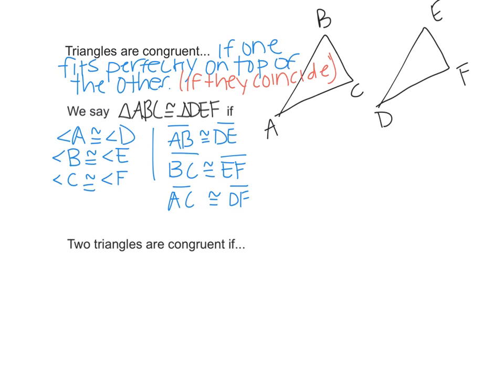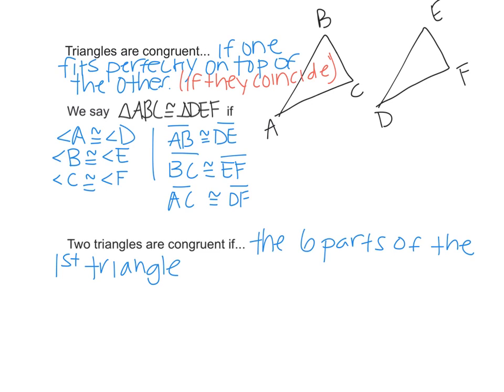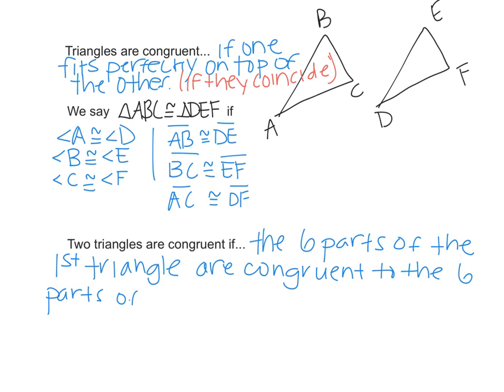So two triangles are congruent if the 6 parts of the first triangle are congruent to the 6 parts of the second triangle.